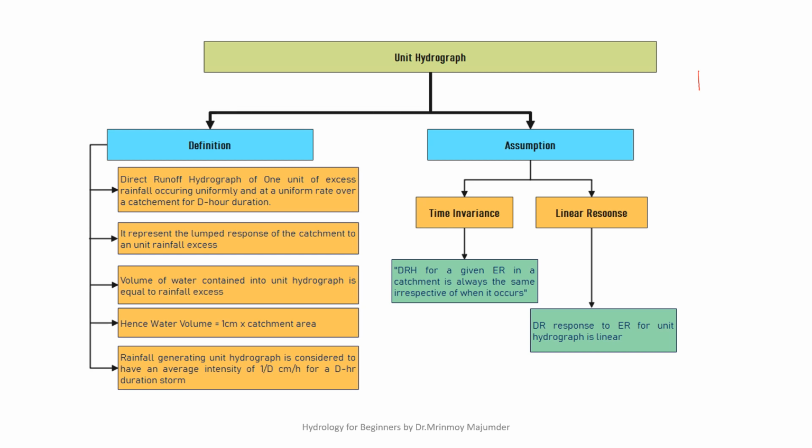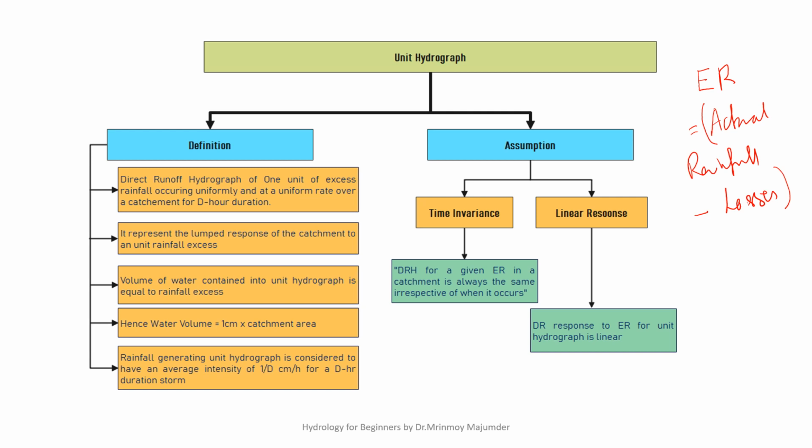Okay, so ER is actually the actual rainfall minus losses, or initial losses to be more precise.